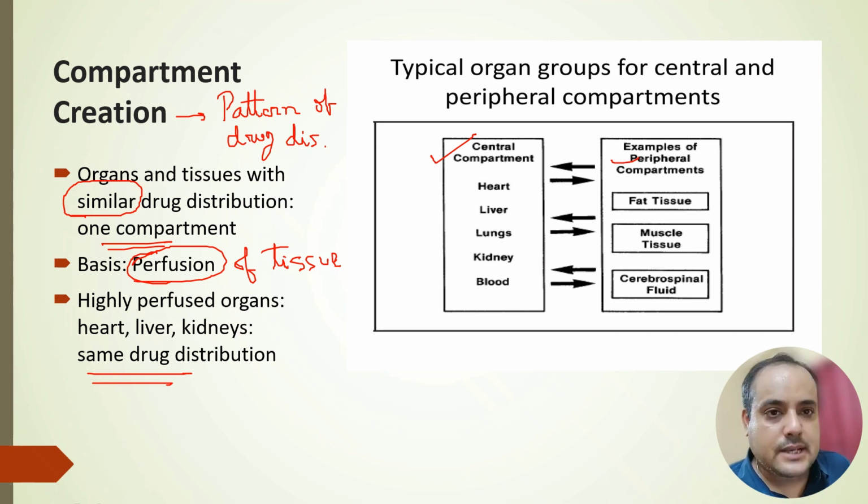In the central compartment you can find the heart, the liver, the lungs, the kidney and the blood itself. And in the peripheral compartment you can find the fatty tissues, the muscle tissues and the CSF. But one thing you are going to notice here is that the drug can move from one compartment to the other. There is a two-way arrow, right?